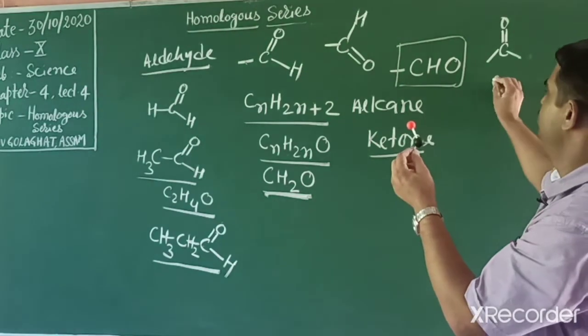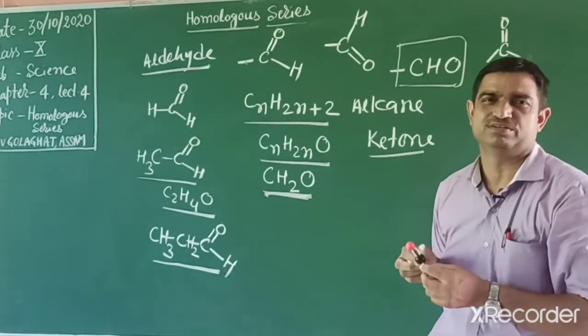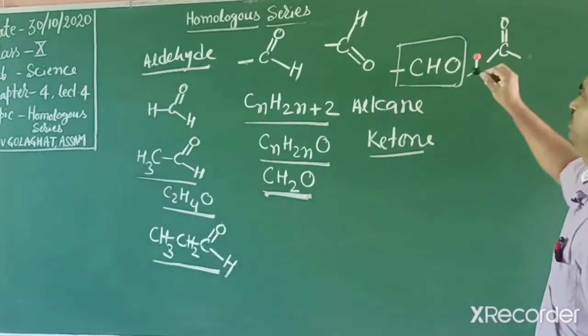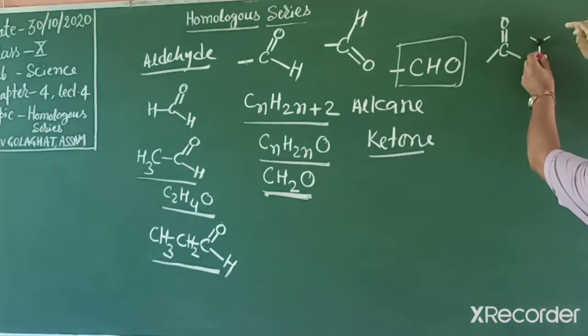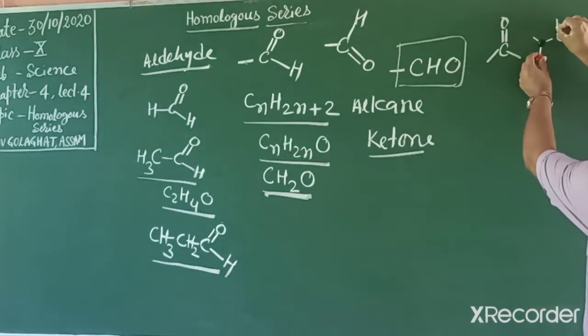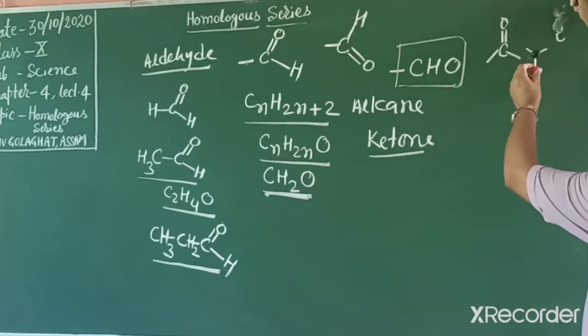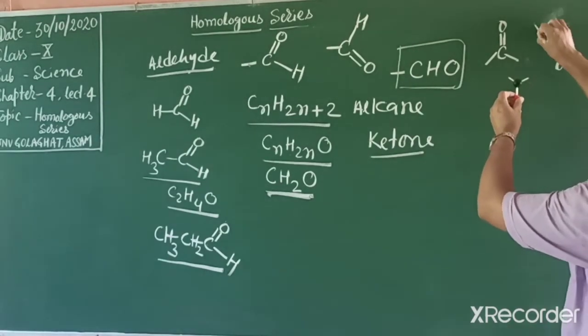So for ketone, we have to write at least 1 carbon on both sides. So for the first member of ketone, you can write it in this way or that way, meaning we can represent the carbon and oxygen on the lower side also.